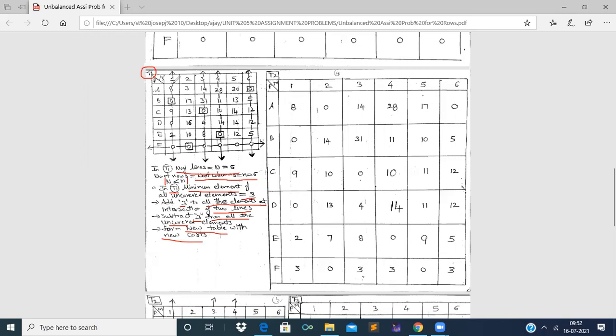Right, see here, the first column should be written as it is, except this last element, that is 0. Instead of 0, we write 3. Right, in the second column, see here, 3 minus 3 is 0, 14, 10, 16 minus 3 is 13, 10 minus 3 is 7, and this 0 is written as it is.